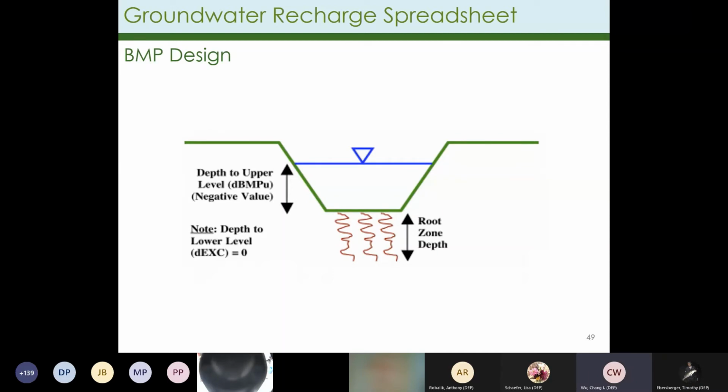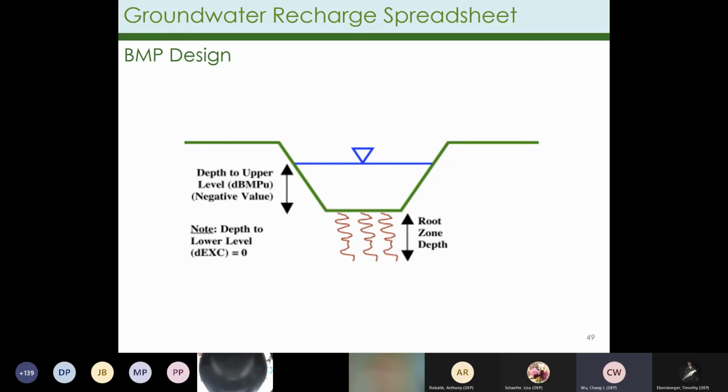In this example, here is one kind of BMP, for example, the bioretention basin, where the vegetated ground level is on the bottom because the basin has the vegetation on the bottom.